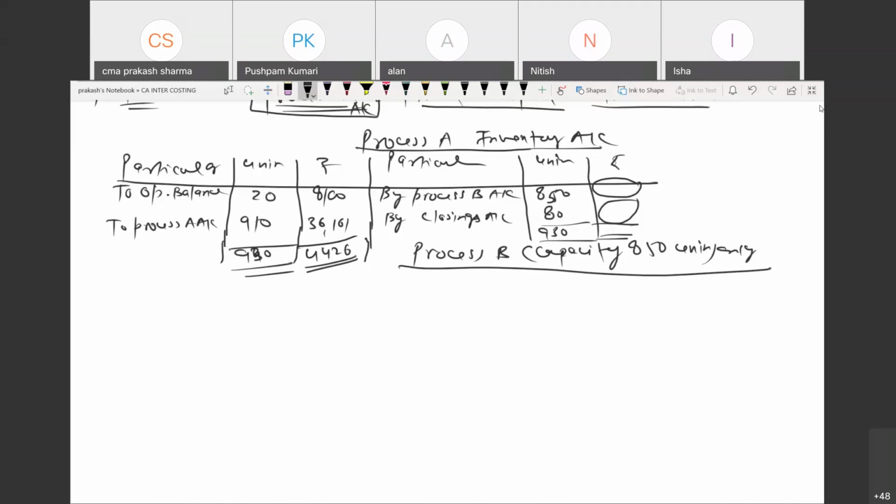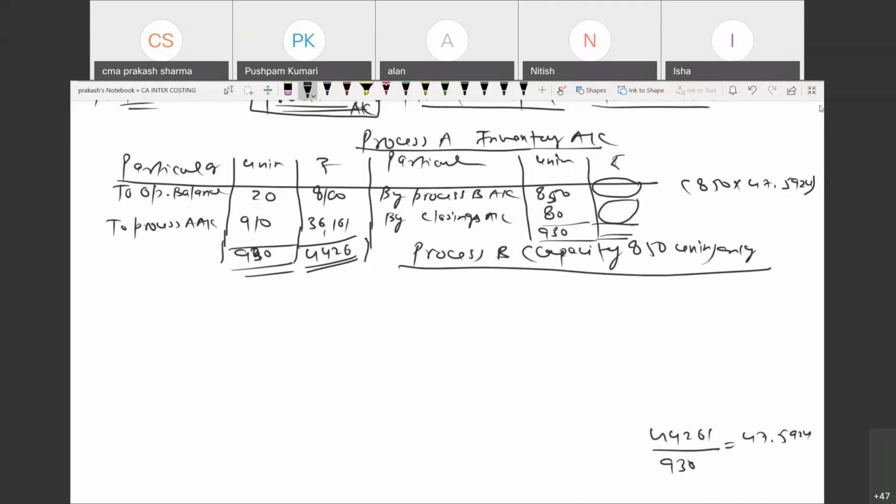Then I calculate the unit value, 44,261 divided by 930 units. So my unit value becomes 47.5924, and I will value my 850 units at this rate, 850 into 47.5924. Okay sir, I'm assuming the weighted average cost method.